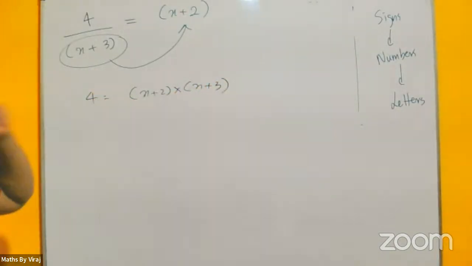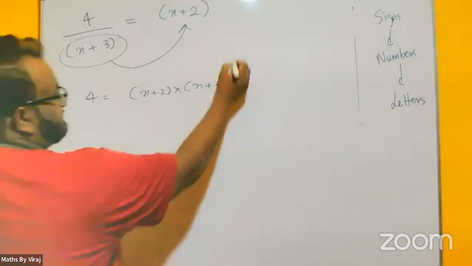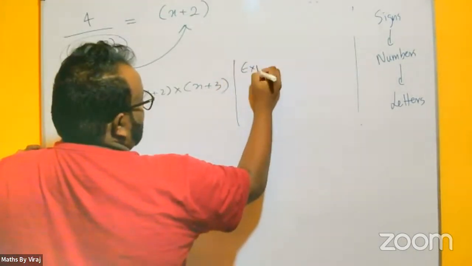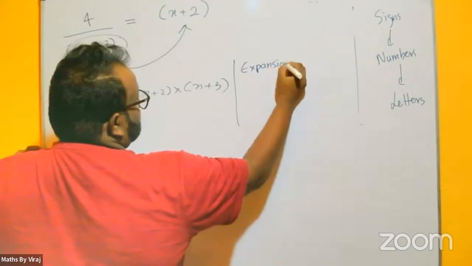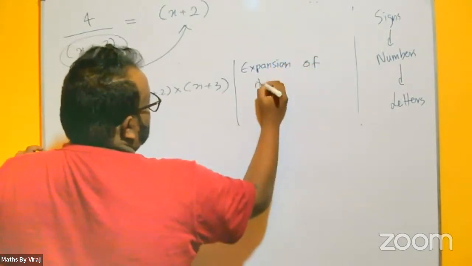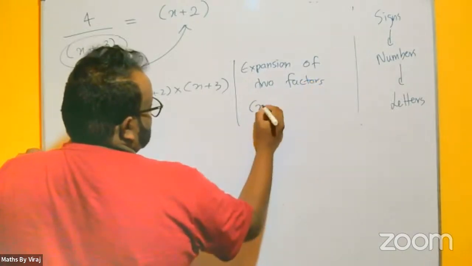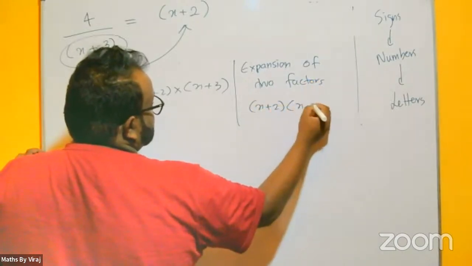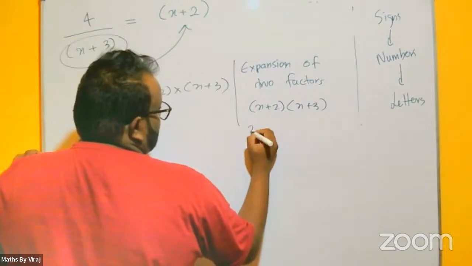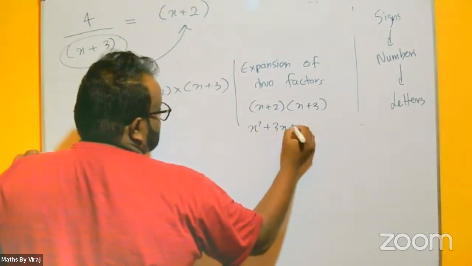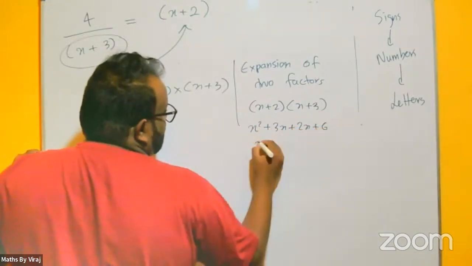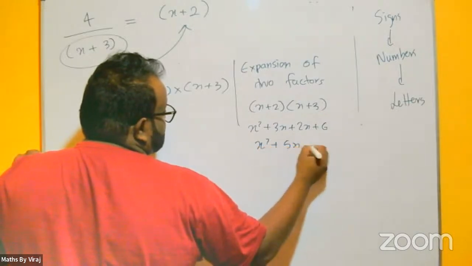Now, when we multiply these two, this is basically expansion of two factors. X plus 2 times x plus 3. That would be x squared plus 3x plus 2x plus 6, x squared plus 5x plus 6.